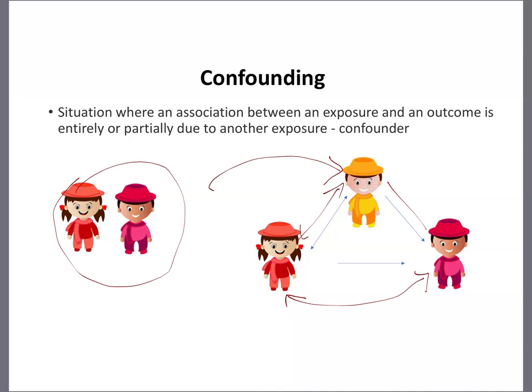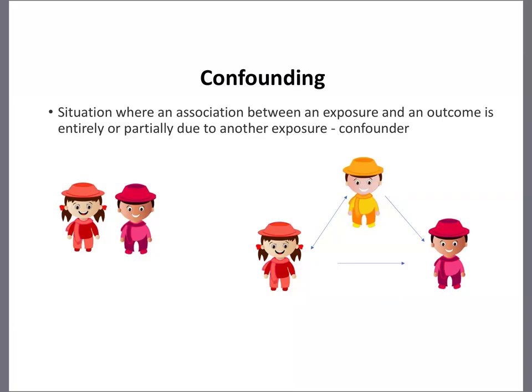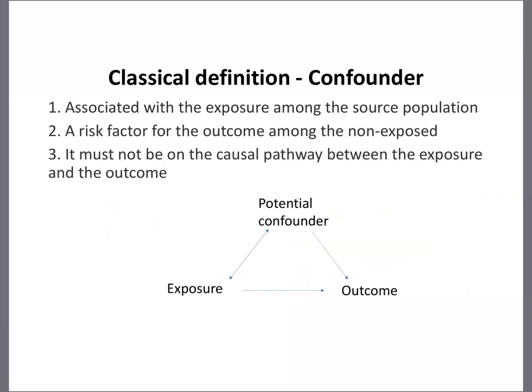So there are three criteria which Anjana was mentioning, which this example should help you remember. One is that the potential confounders of interest are independent risk factors for the outcome. So the confounder is an independent risk factor.